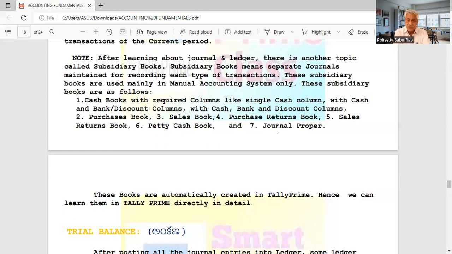It is like withdrawing from one account and paying into another account. That is also entered here. In this case, deposit into the bank, withdrawal from the bank, or transfer from one account to another account, in the same bank or another bank.